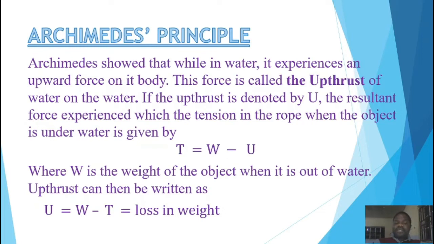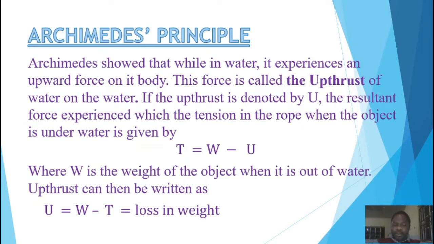Now he said that if the upthrust is denoted by U, then the tension in the rope when the object is underwater is given by T = W - U, where T is the tension, W is the weight of the object when it is out of water, and U is the upthrust.